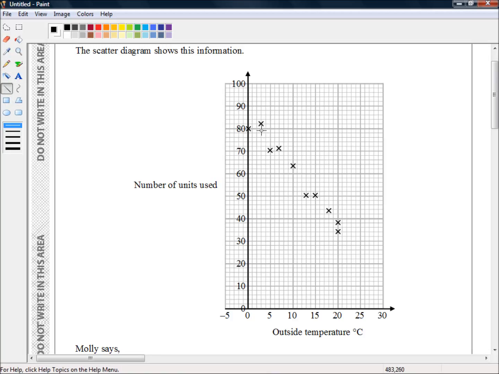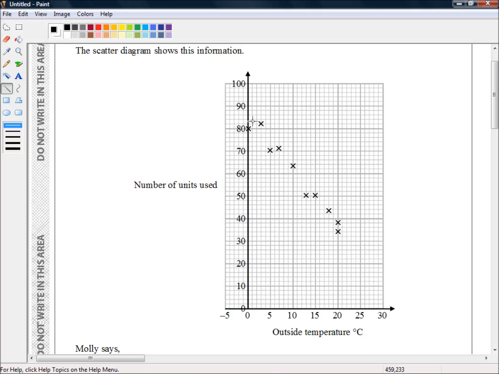I like to use a clear see-through ruler so I can actually see the x's that have gone underneath the ruler, so that I can judge a line that goes roughly in between the x's, so that you've got almost as many x's one side of the line as you have the other side of the line. So we're looking for a kind of an average gradient of all these x's.